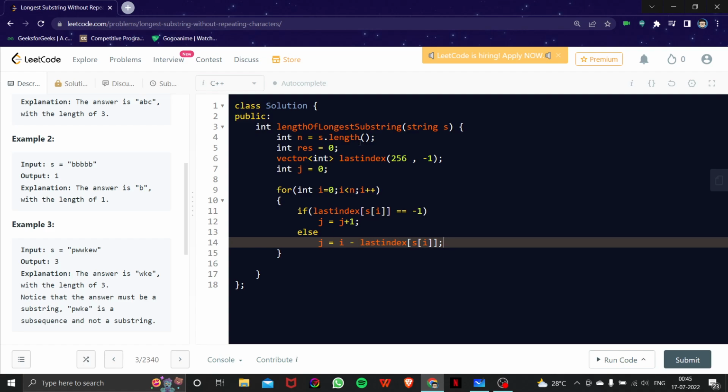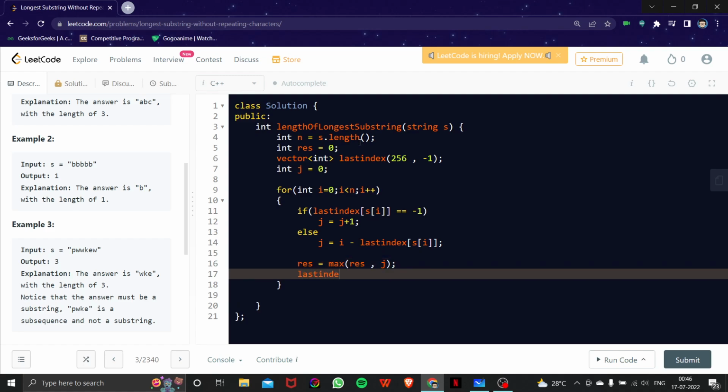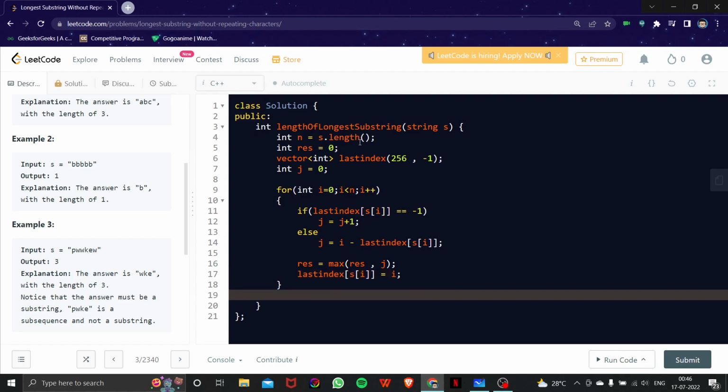This is what we thought. And then res is going to be max of res comma j, and now last index of s[i] becomes i. Now here we'll simply return res.